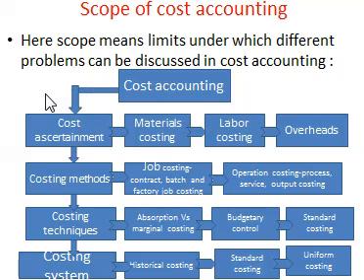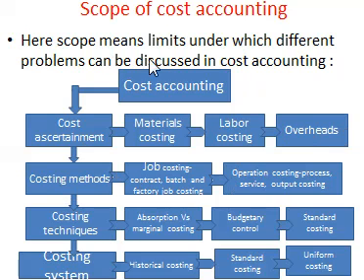When you are ascertaining cost, you need the material costing, you need the labor costing, you need the overhead costing. We shall discuss this in our other slides: the material costing, the labor costing, and the overhead costing. Then we shall also look at the costing methods.